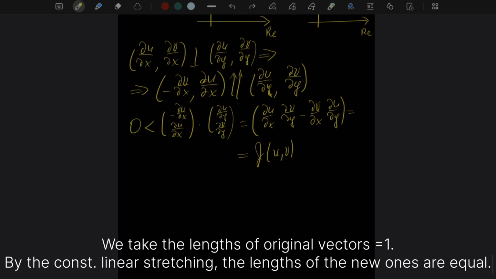And since we just exchanged the places of our coordinates and multiplied by -1, the length of this orthogonal one is still the same. Hence we get the Cauchy-Riemann equations, either positive or negative yet again.